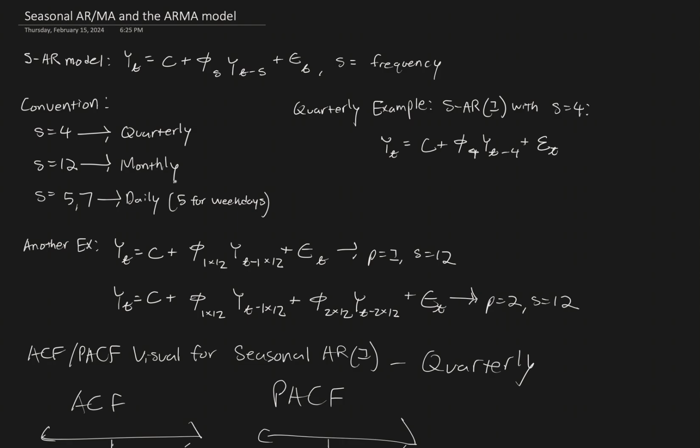The seasonal AR/MA model, we could abbreviate as the S-AR or MA, is, if you recall, the seasonal component of analyzing time series, so kind of the seasonal patterns of what we observed: quarterly, monthly, and daily.